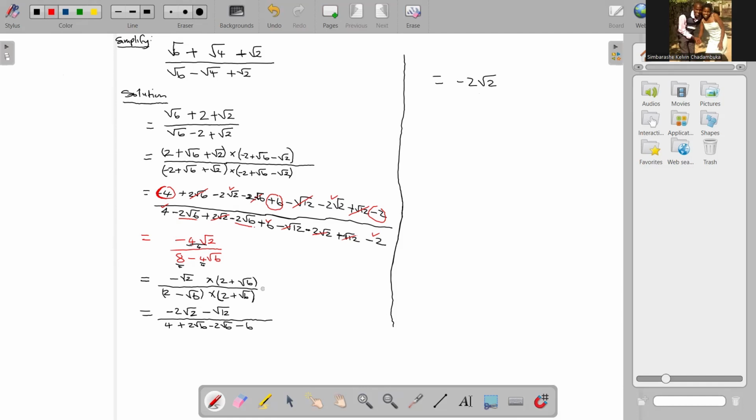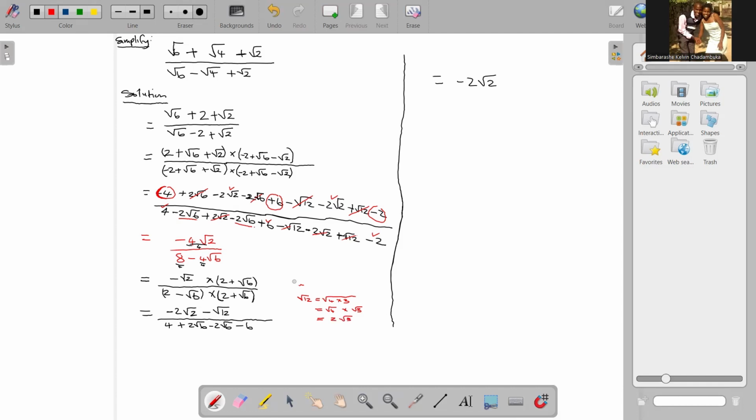Root 12 can be written as root of 4 times 3, which is equal to the square root of 4 times the square root of 3. But our square root of 4, we know it's 2. So the final answer is 2 root 3.